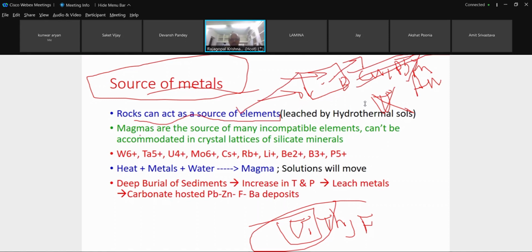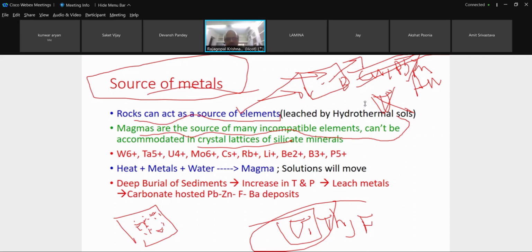Another one is magma. Magmas are the real storehouse of many incompatible elements, which will not be accommodated in the crystal lattices. When the magma is crystallizing, as you have written in your seminar or assignment on Bowen's reaction, it will start crystallizing with olivine, then pyroxenes, then plagioclase feldspars.